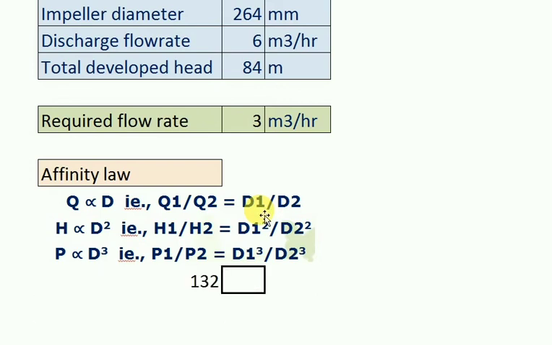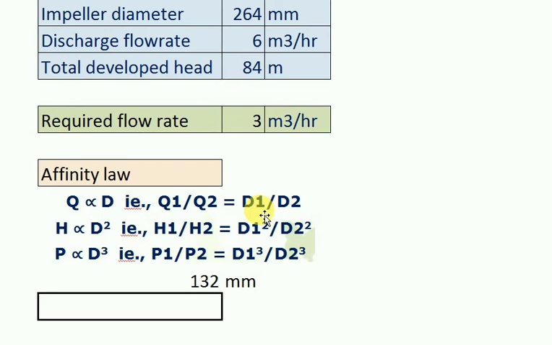That would mean trimming 132 mm, which is 50% of the impeller diameter. This is not advisable, because if we trim the impeller by more than 25%, we will definitely cause internal circulation and there will be issues in the pump.